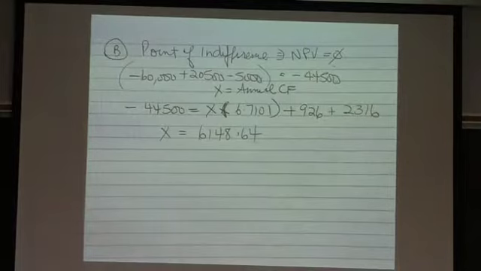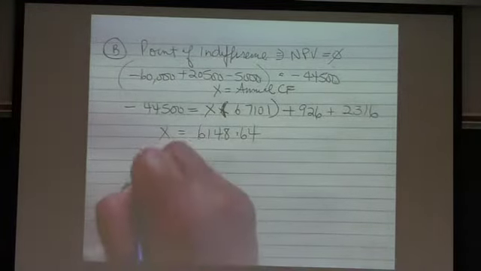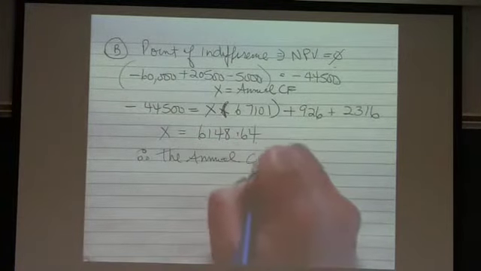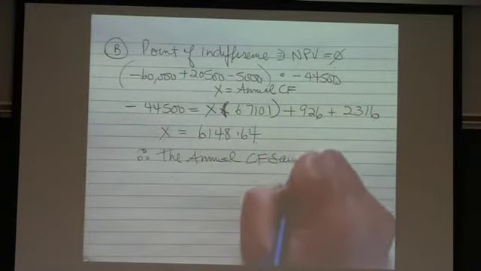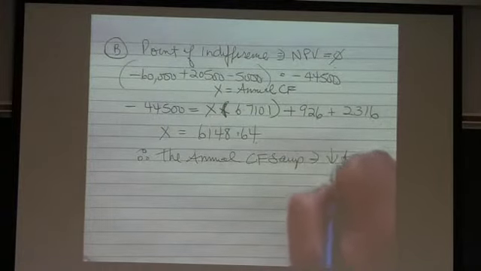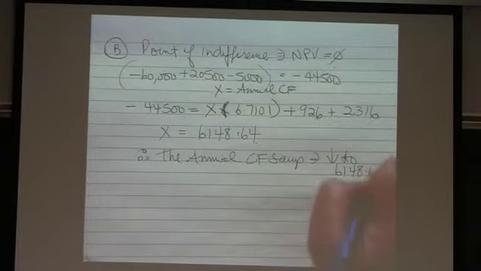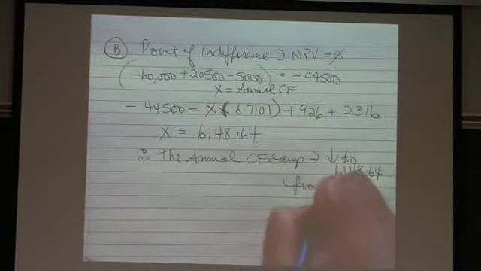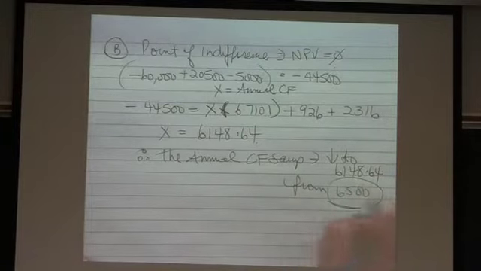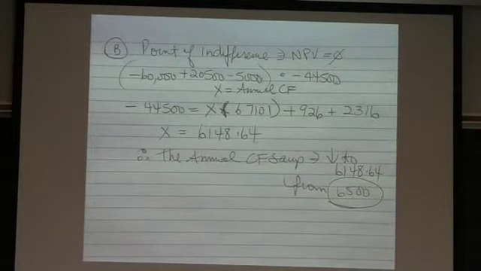So X equals, solve for X, 6,148.64. So what we're saying is the annual cash flow savings could actually go down to 6,148.64 from 6,500. Okay, so that we are indifferent.